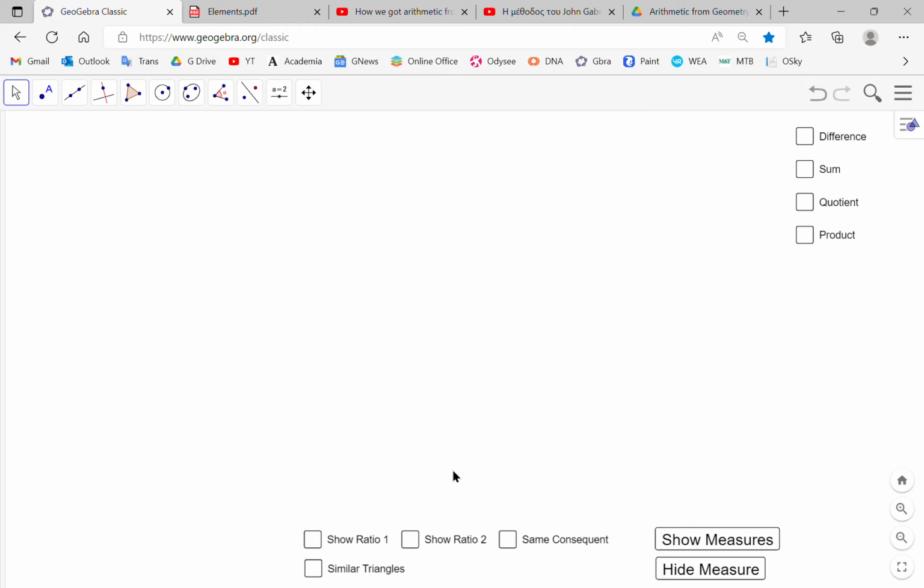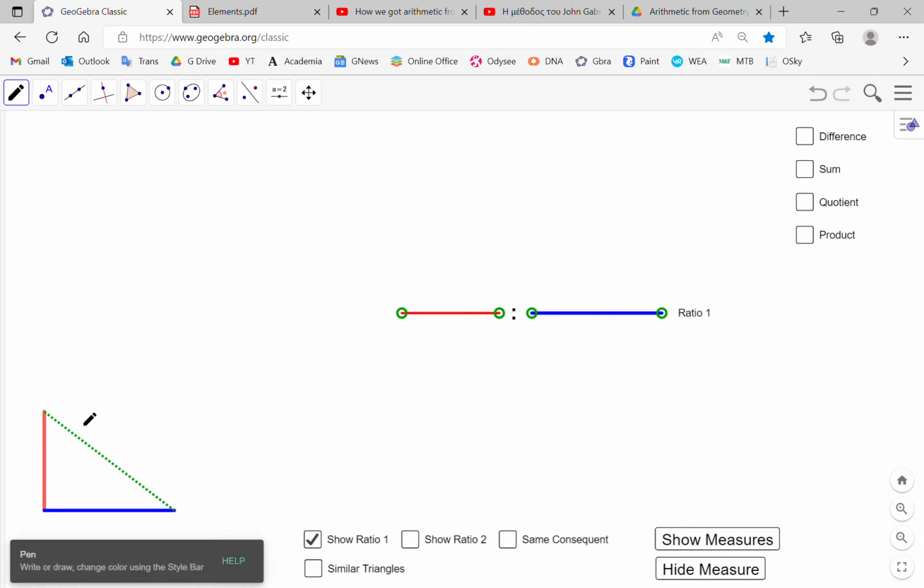What I've done here is I'm going to show you arithmetic without the use of numbers. Now if I produce a ratio like that, remember, if I extend this ratio in any way, let's say I had a line over here parallel to this line, then I could easily extend this ratio in geometry by using a compass.